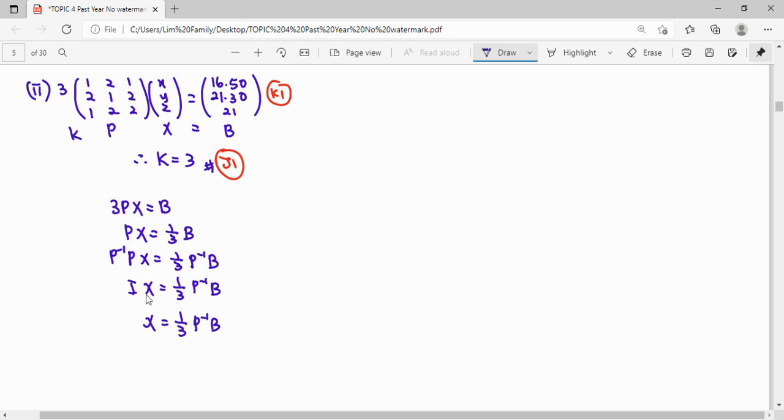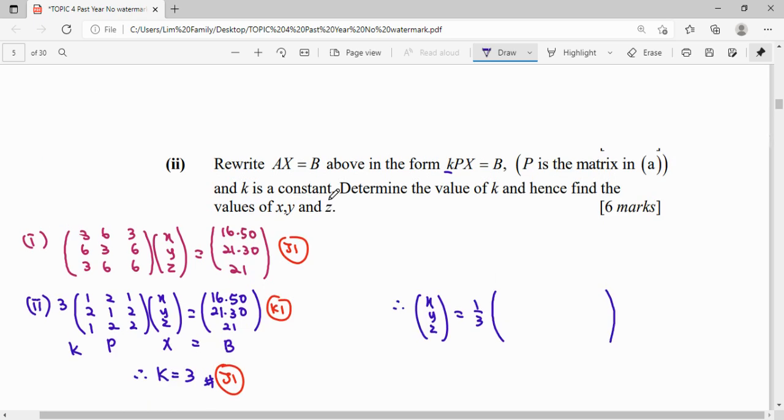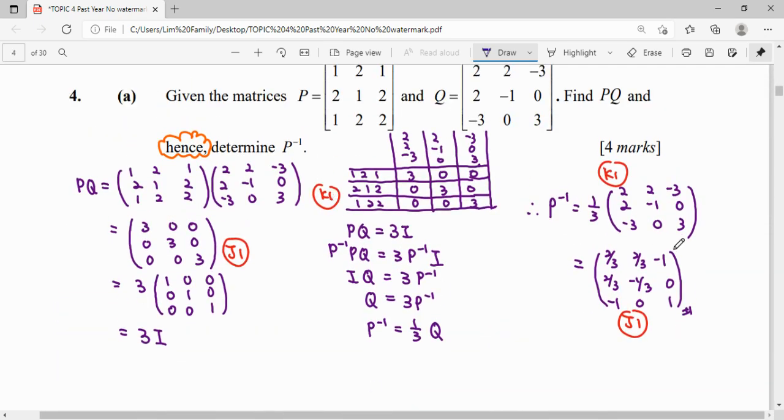Therefore, my unknown matrix x, y, z is equal to 1 over 3 times P inverse. Where can we find our P inverse? We find it from our first question, A, where our P inverse is this. So we plug our P inverse into question B2.